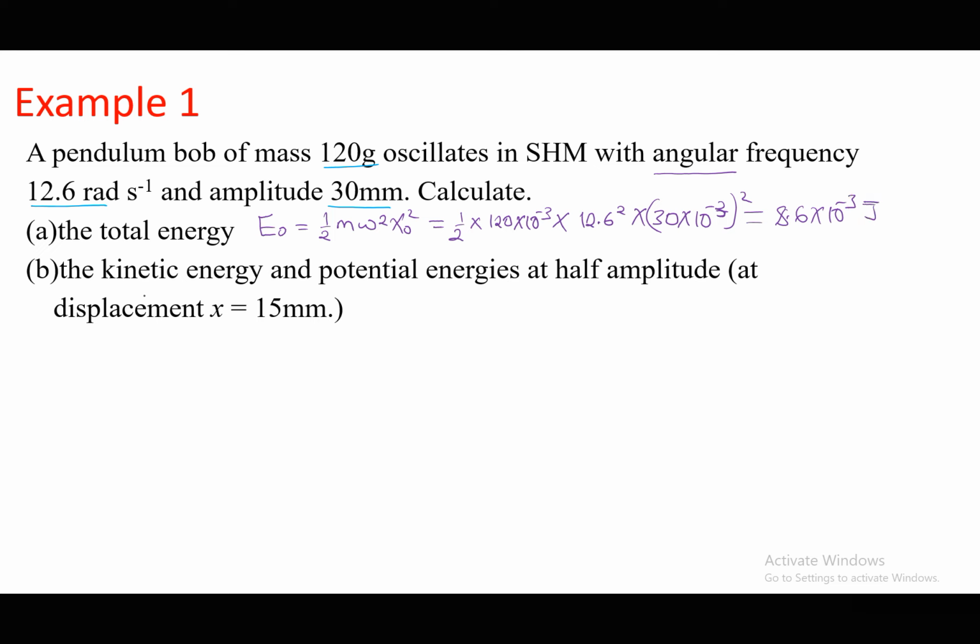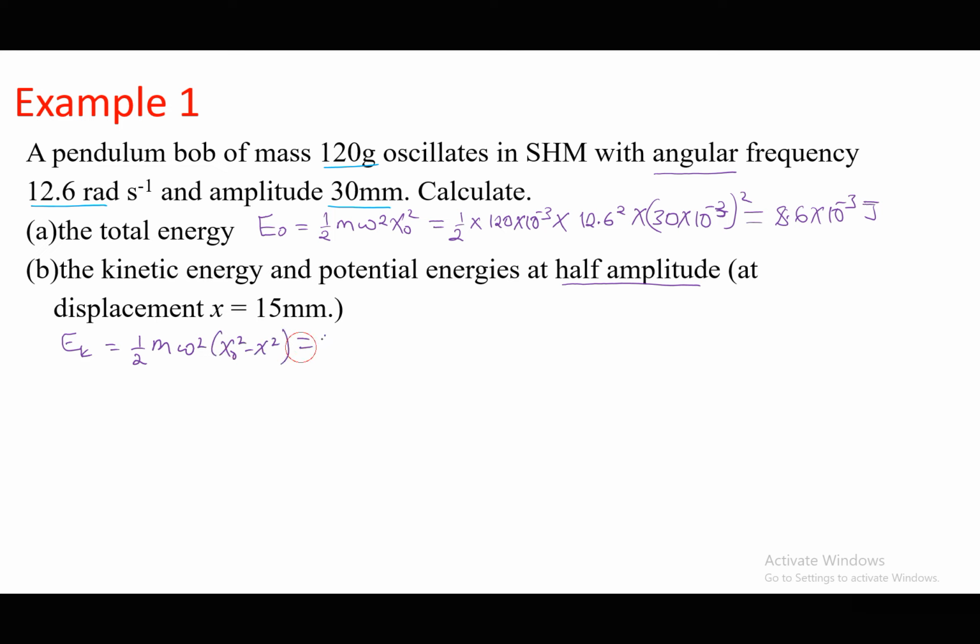Then the kinetic energy and the potential energy at half amplitude. So let's check for kinetic energy. Remember, kinetic energy is given by a half m omega squared into x naught squared minus x squared.